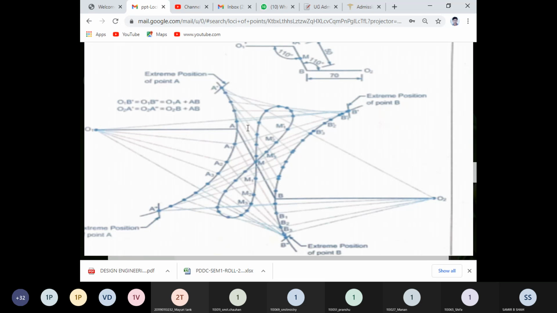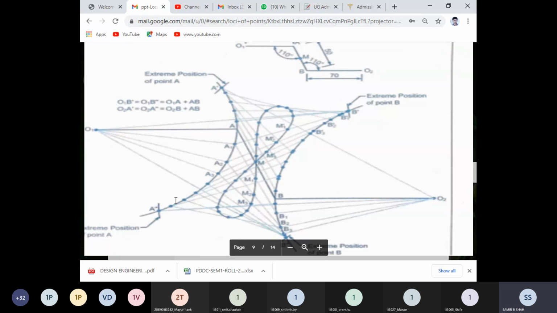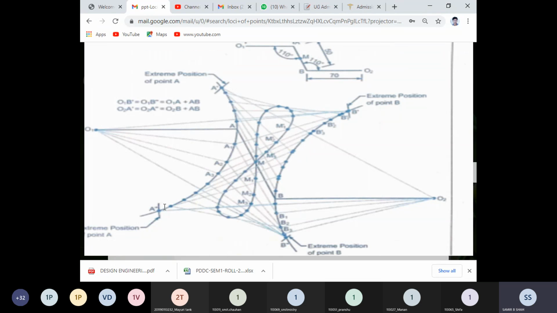Simultaneously join A1 B1, A2 B2, A3 B3. In the same way, in the remaining portion, where I mention the points randomly, that is 1, 2 and 3, and here also 1, 2, 3. You are free to take 4 or 5, but 3 is enough.